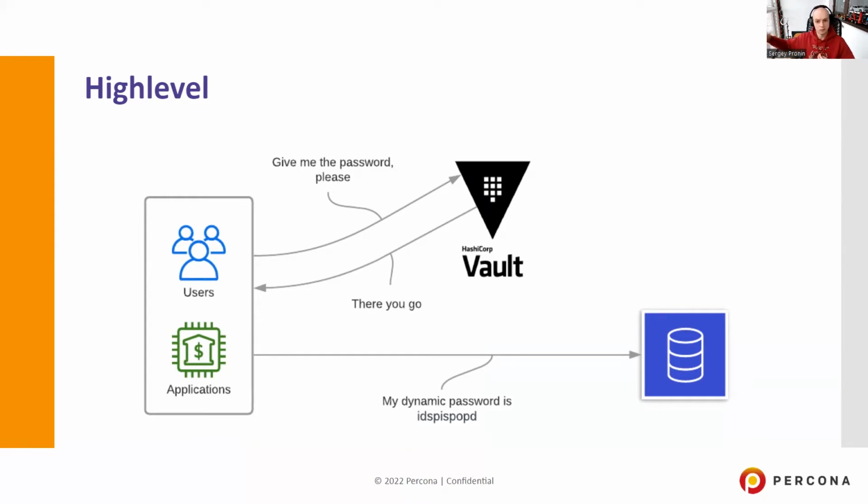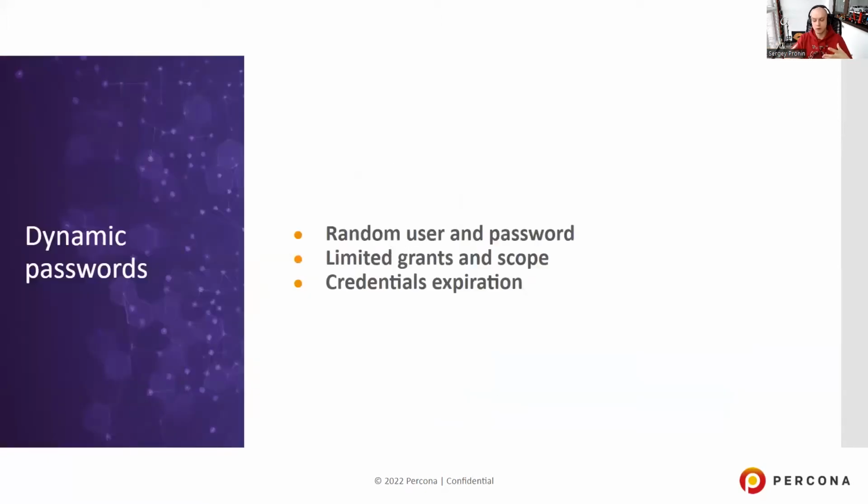And then we move forward to connecting to the database with these credentials provided to us by HashiCorp Vault. So this is the super high-level view of what we're going to talk about today.